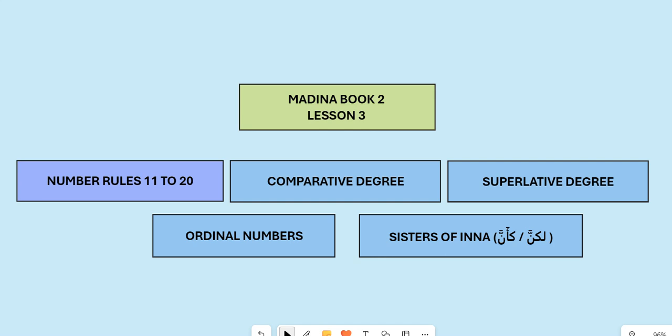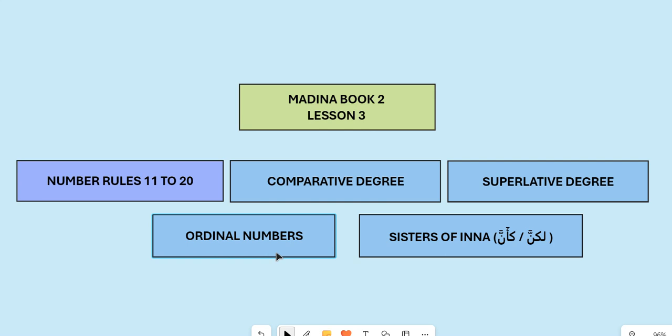What are the topics that are covered in this lesson? So first of all, in this lesson, you are going to learn about number rules, that is from 11 to 20. And then a new topic has come up, that is the comparative degree and the superlative degree. So both you're going to learn in this lesson. And then the next topic is ordinal numbers.